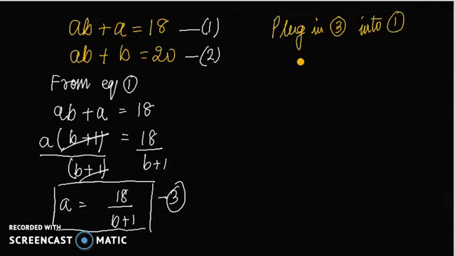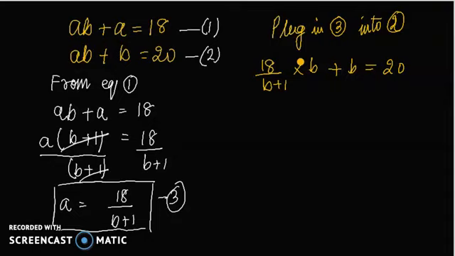Now plug in equation 3 into equation 2. We can see we have a is equal to 18 by b plus 1, times b, plus b equal to 20.